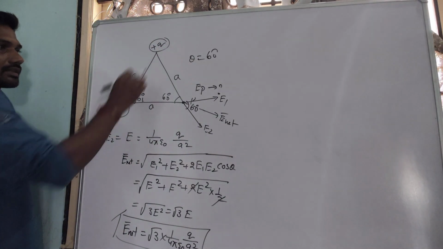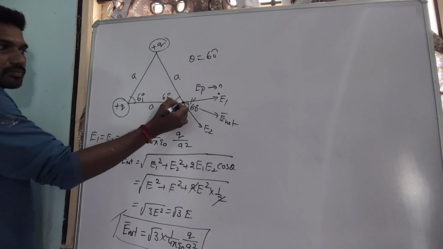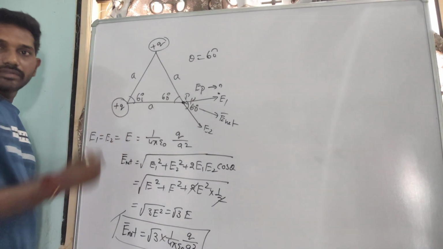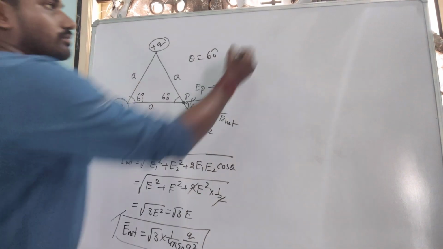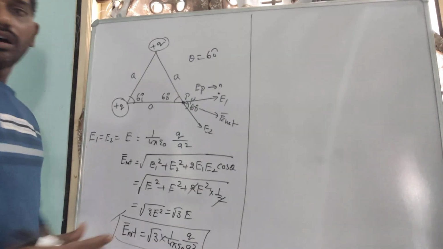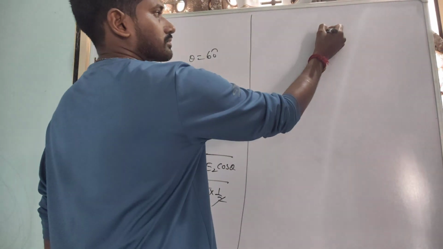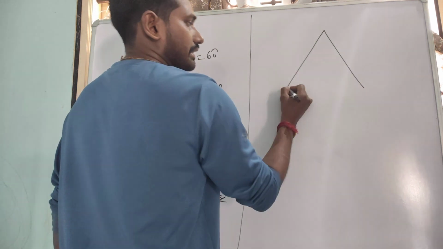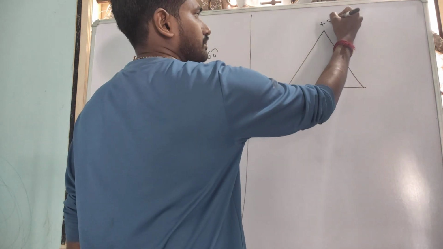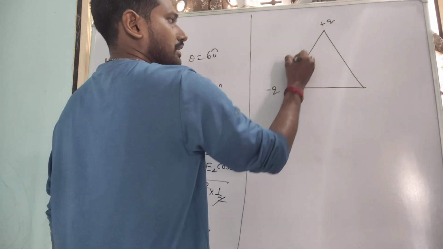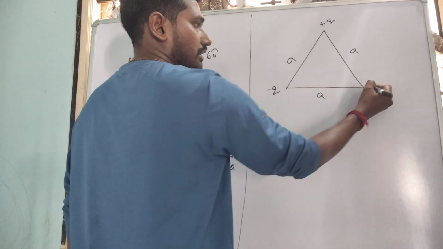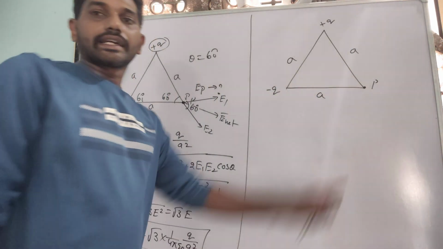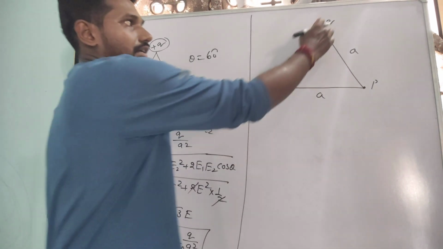With charges at two corners and the point P at the third corner, you can calculate with this. For example, two opposite charges. For example, here is one more equilateral triangle. Here plus Q, here minus Q. Side will be A only. At point P, find the net electric field. Okay. Here is a positive charge.